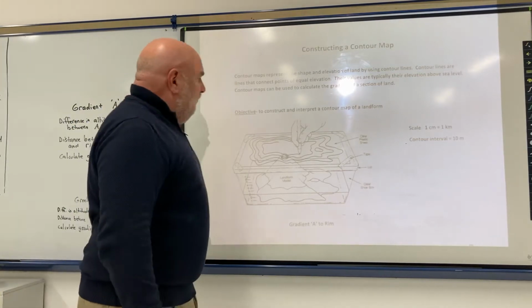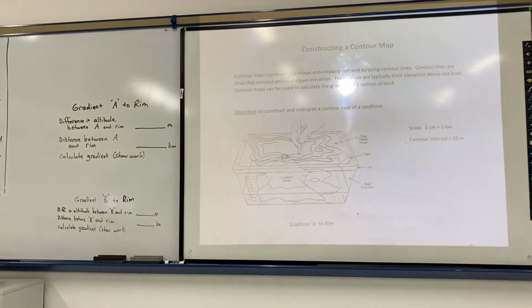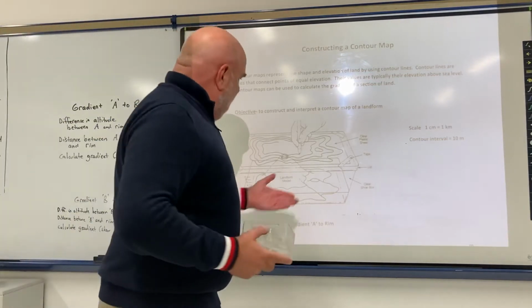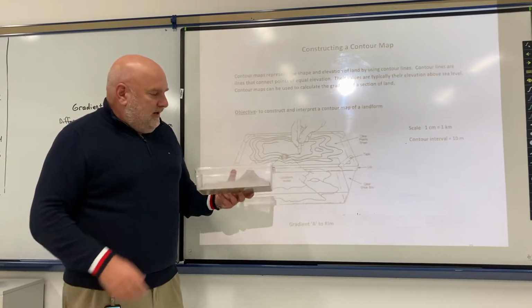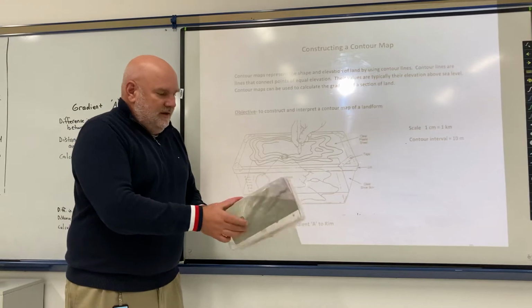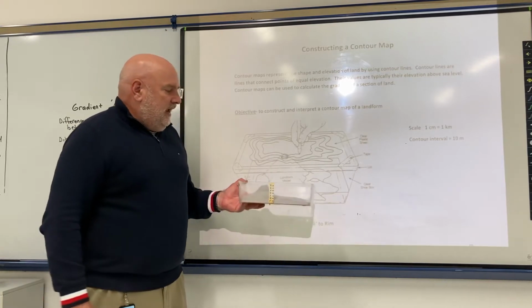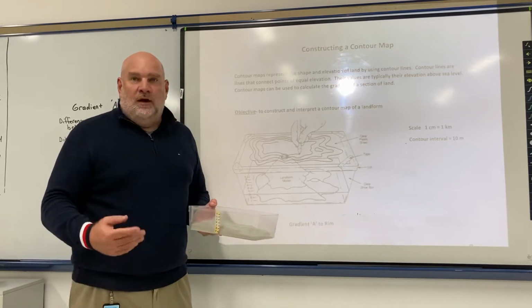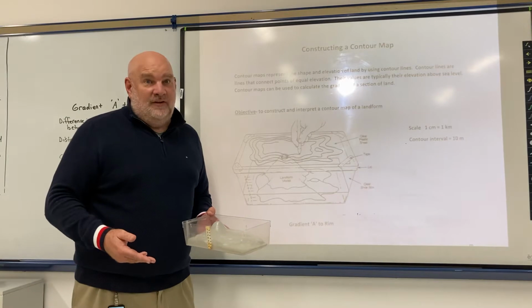But anyways, what we're going to be doing today is drawing pretty much what it shows you on this picture here. We're going to be drawing a contour map of this plastic volcano mountain. The contour map will show us elevations, but also give us an idea of what the shape of the land is like.